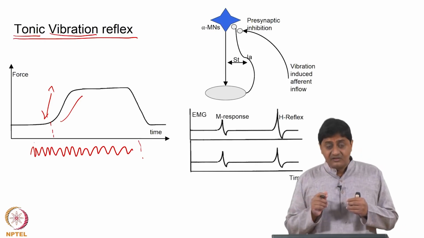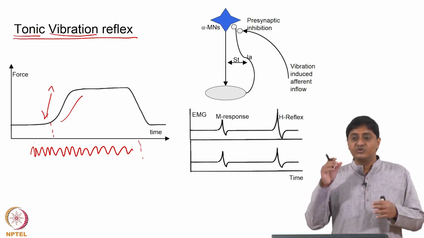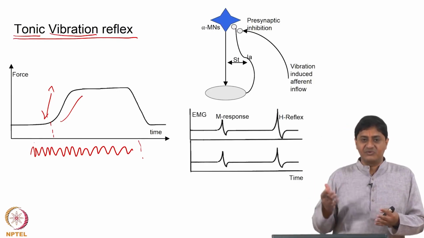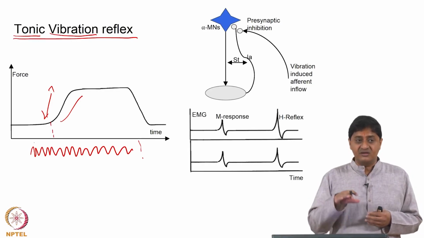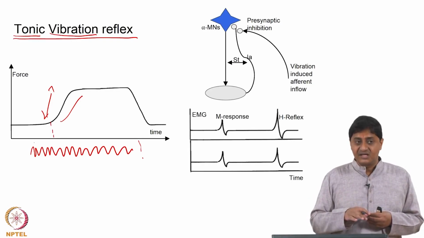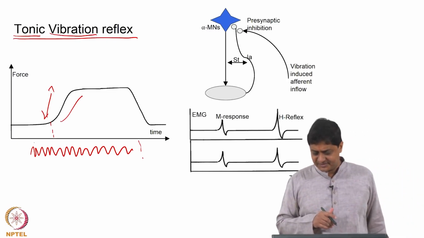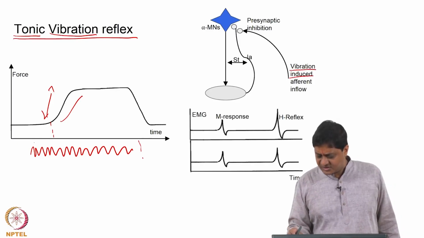What does this mean? This means that there is a great amount of supraspinal influence on this reflex. Supraspinal means something that is coming from the head. Okay. There is an amount of supraspinal influence that could change the way this happens. Now, what could be the source of this?